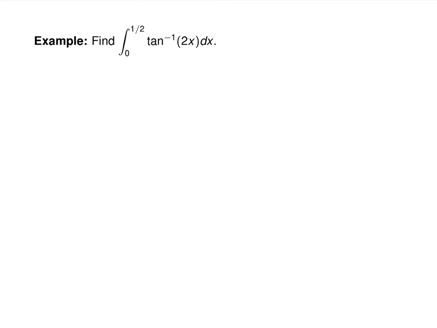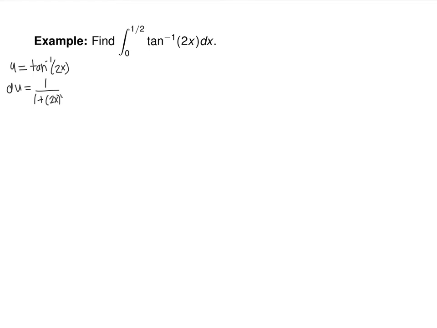So once again, we're forced to let u equal tan inverse of 2x. And I made it a little bit complicated on purpose because I wanted to make sure you can still do calculus 1. The derivative of inverse tangent of 2x is 1 over 1 plus 2x, the quantity squared.